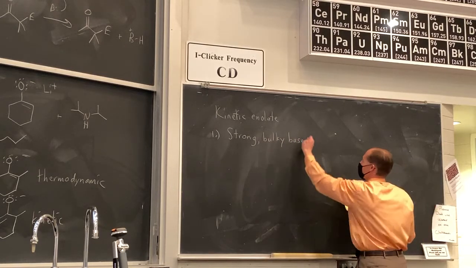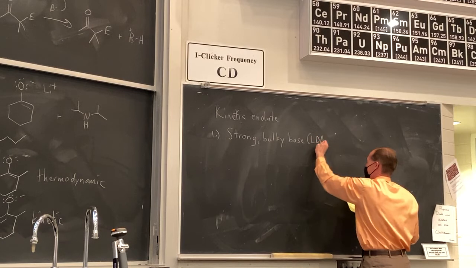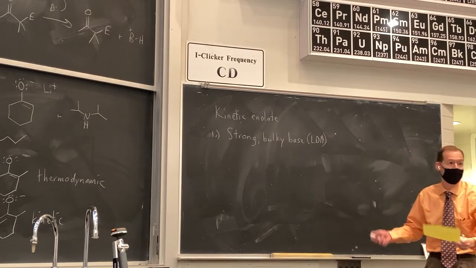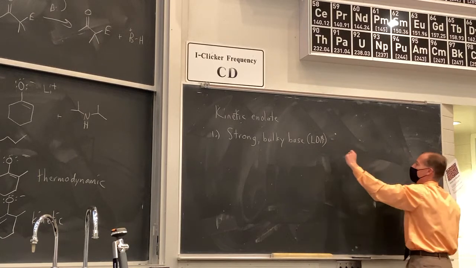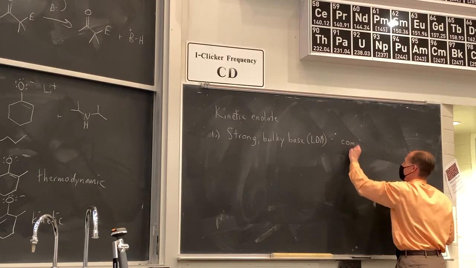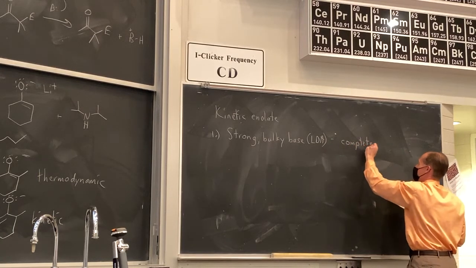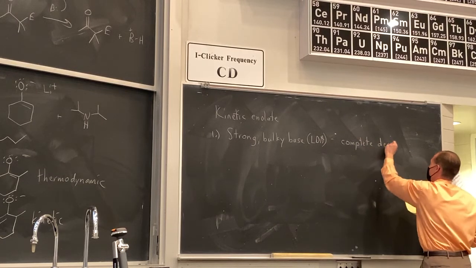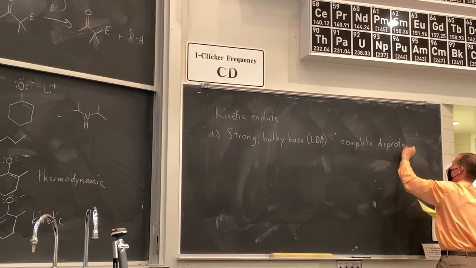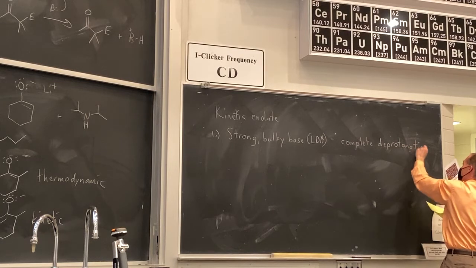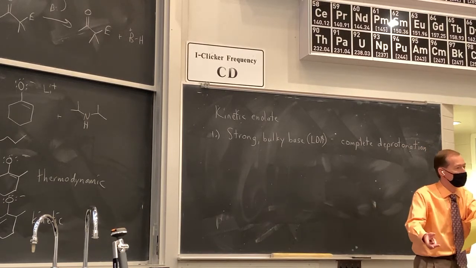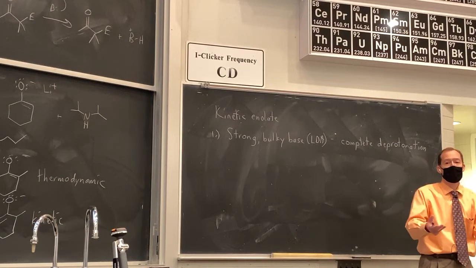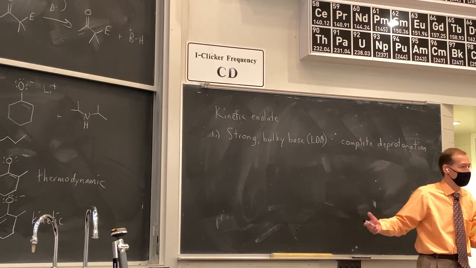And typically that strong, bulky base is LDA. That's the most common one that we use. The reason we want a strong base is we want complete deprotonation. We want to generate 100% of our enolate. We don't want to have a fraction of our enolate and a large amount of the ketone remaining behind. Okay?